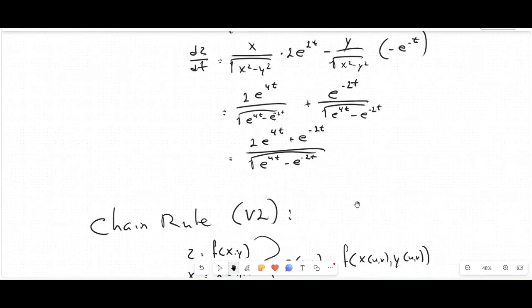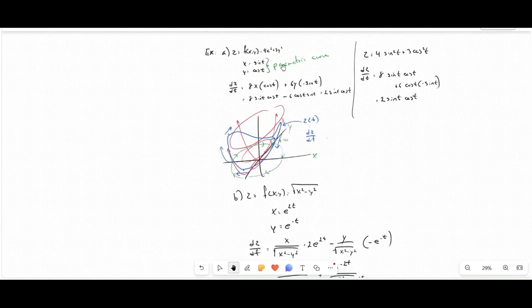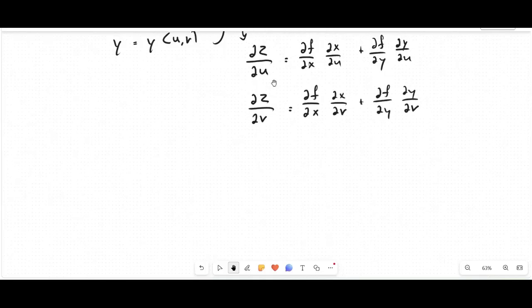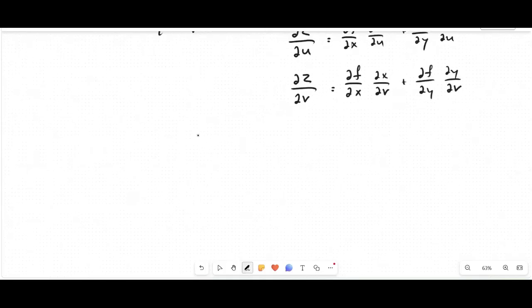Let me do the same order as before. First I did an example, then a picture. Let's try to do an example where we just calculate all of this, and then I'll try to give a little bit of an image for what's going on here.